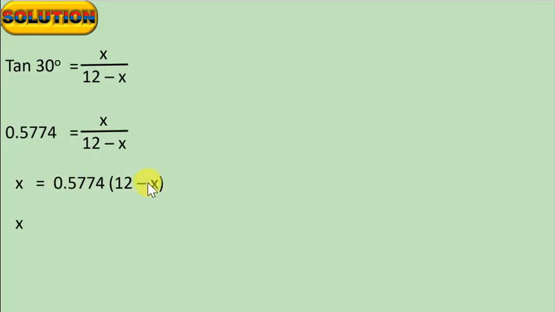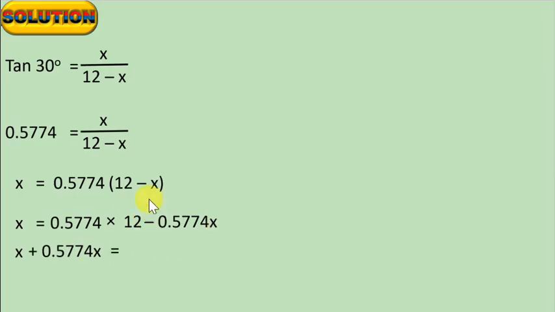Then we distribute this. Then we are going to have this times 12 minus 0.5774x. Then we collect the terms in x together. The minus going to the left side becomes plus, is equal to what we have here, 12 times this. Then we add. That will give us that.